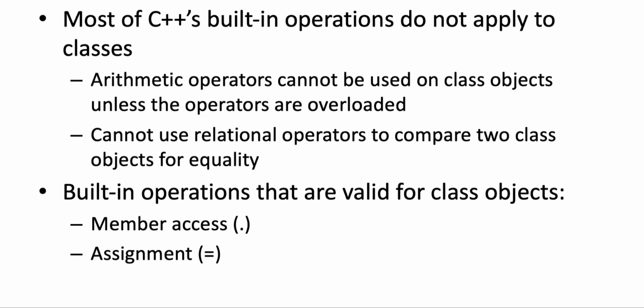Also, you cannot use relational operators to compare 2 class objects for equality, again unless those are overloaded, which is a different discussion that we're going to take care of in future videos. The 2 built-in operators that are valid for class objects are one, the member access operator, which is the dot operator, and two, the assignment operator.